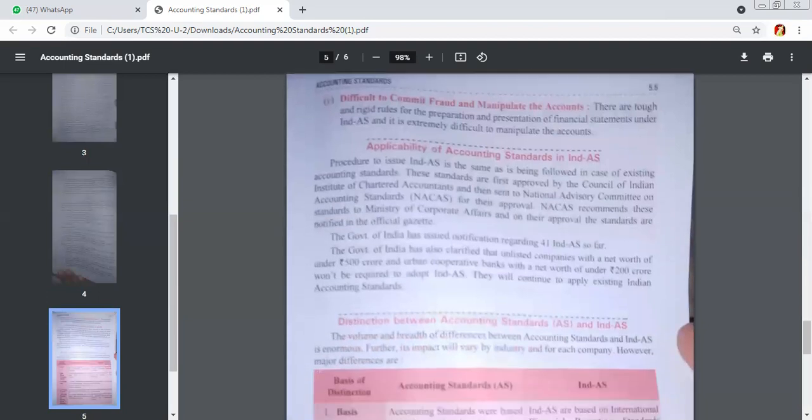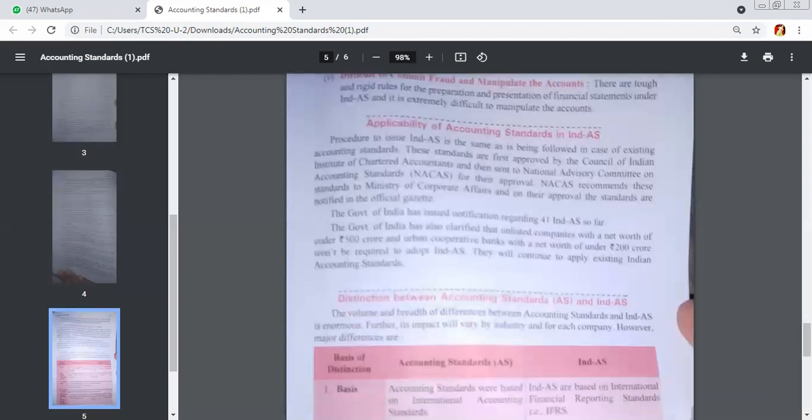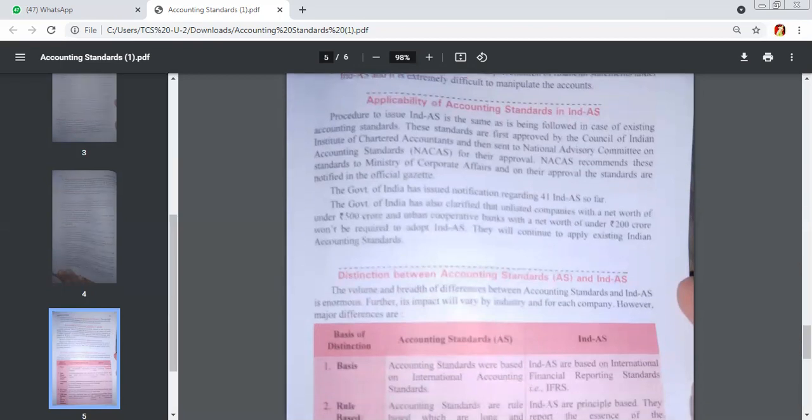Now, acceptability, if we see, or what is the applicability of the accounting standard in Indian accounting standard. The procedure to issue the accounting standard is being followed in case of existing accounting standard. These standards are first approved by the Council of the Institute of Chartered Accountants of India, ICAI. Everybody, I think, has heard about this name.